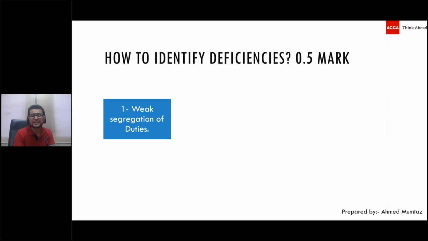So if there is weak segregation of duty, consider it as a deficiency. And if there is a strong evidence of segregation of duty, consider it as a direct or a key control, a good control, the opposite of weak segregation of duty.